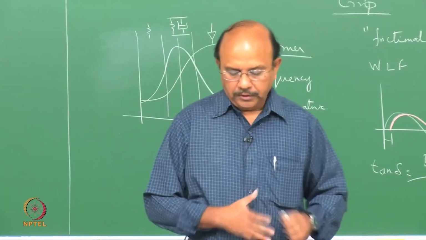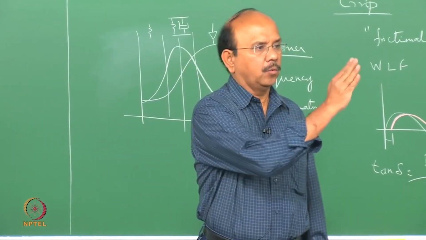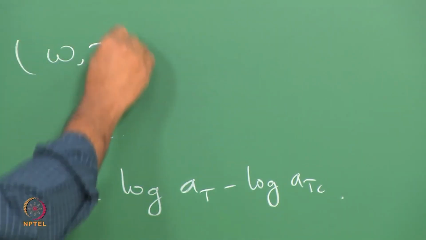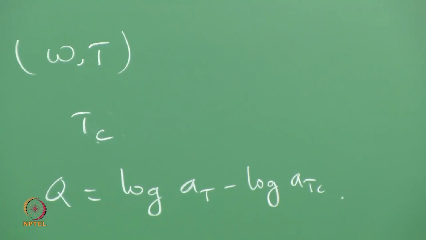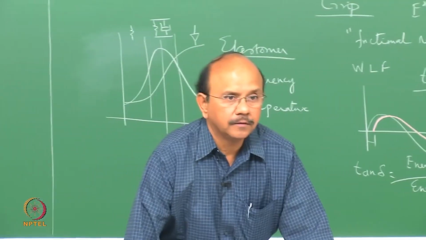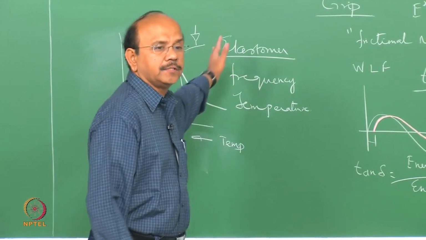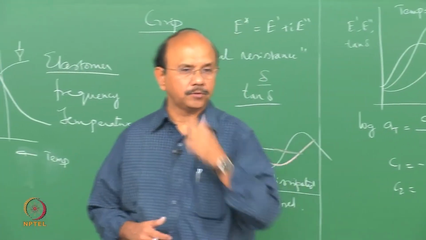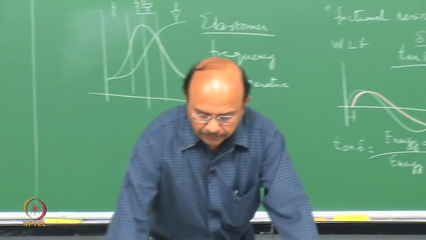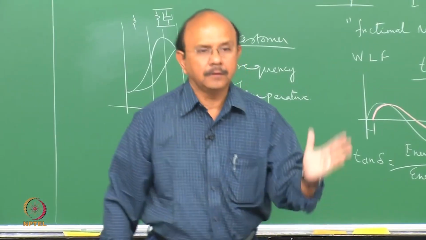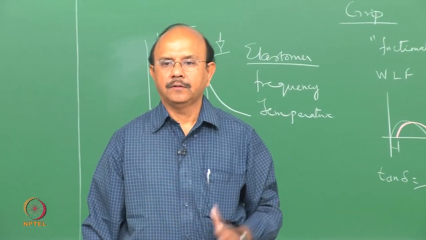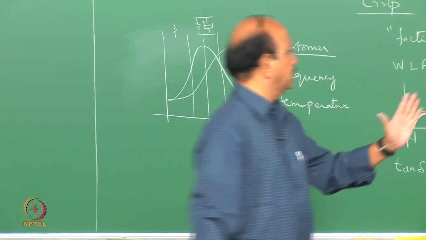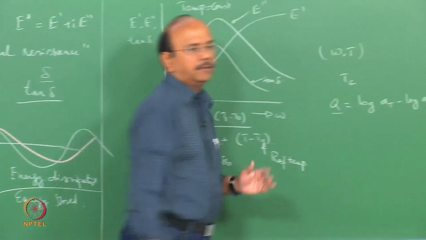So each data point that is obtained in this experiment at omega and T, say for example you are plotting this graph of log omega versus the value, say E prime or E double prime and so on, and you want to find out what would happen at the new temperature, then you shift each point for the new temperature by that much amount.